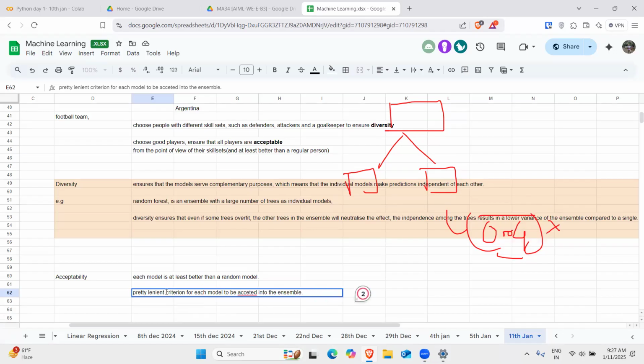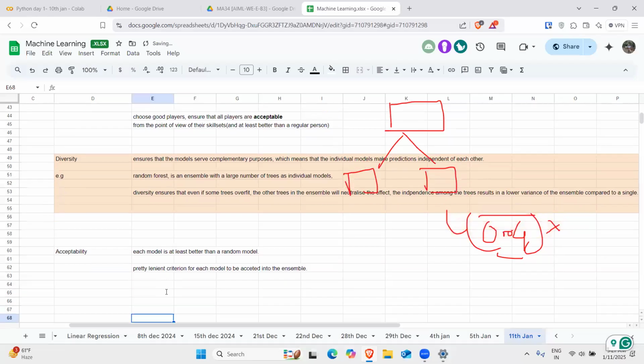That is, it has to be at least better than a random guesser.